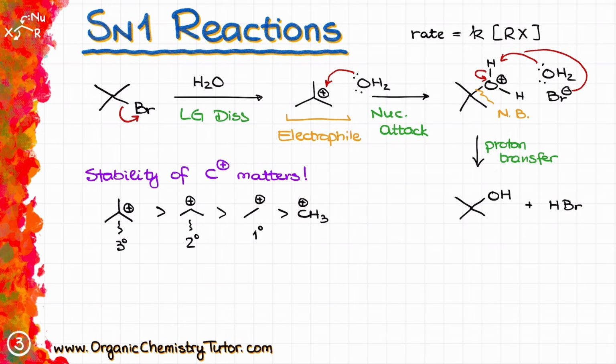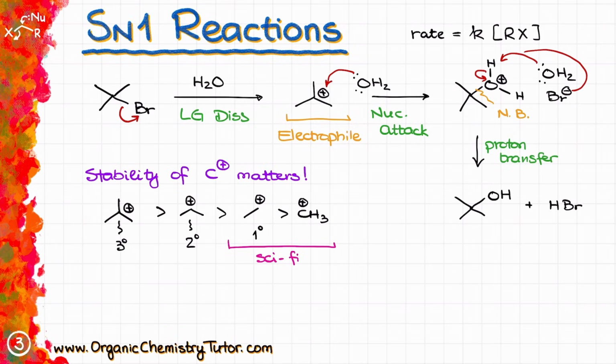Now, the important thing that I want to point out here is that the primary carbocations and CH3+ are essentially science fiction. Not that they don't exist, they do exist, but within the realm of organic chemistry, they are so incredibly unstable that we are not going to be seeing their formation in our regular systems. We're pretty much never going to see the formation of the primary carbocation, not to mention CH3+.